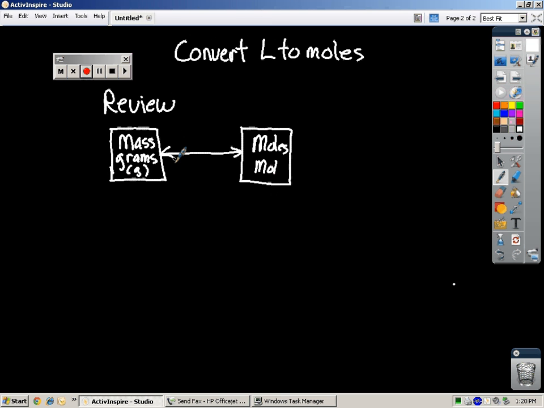Okay. Next thing. So it can go either way, moles to grams or grams to moles, you can do it. What is the thing, the conversion that we use, to convert things from grams to moles? Avogadro's number? That's for converting molecules to moles.